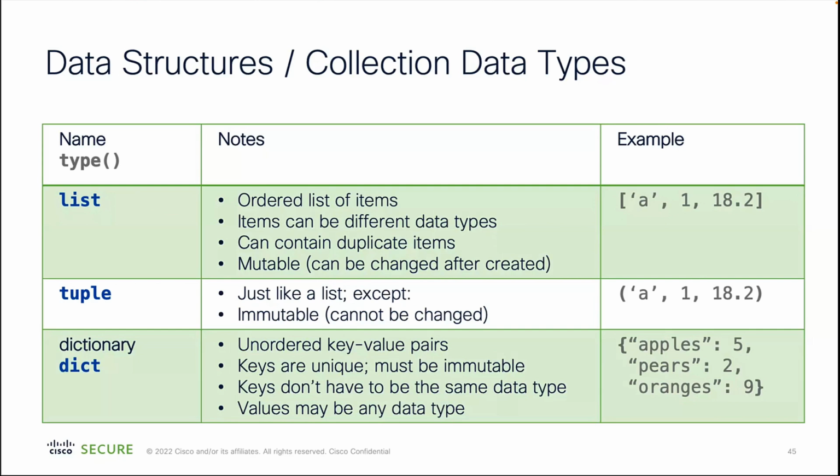A tuple is an immutable list. So a tuple is essentially a list that you cannot modify. It cannot be changed. It's very useful when you need to pass variables into a function or receive an output from the function. This is where tuples are very commonly used.